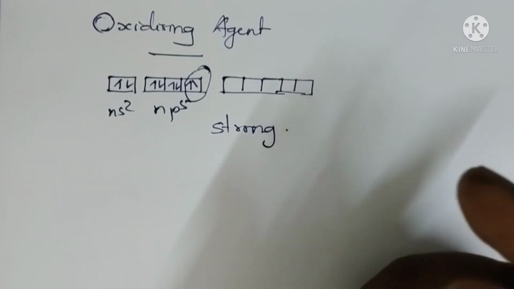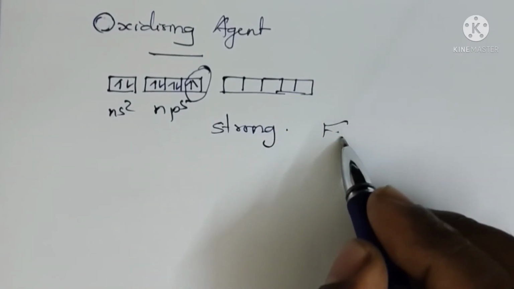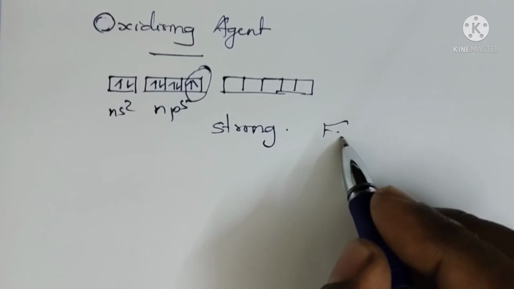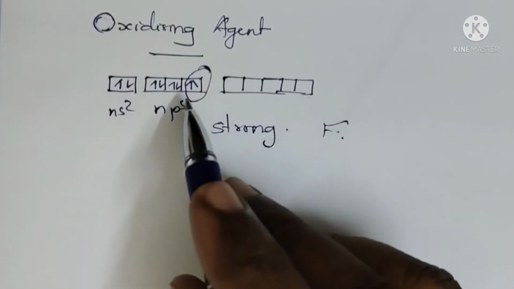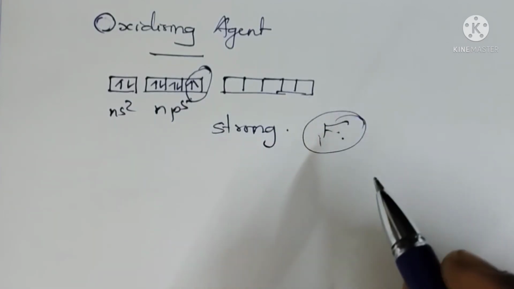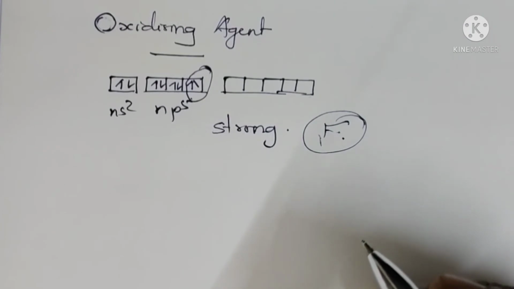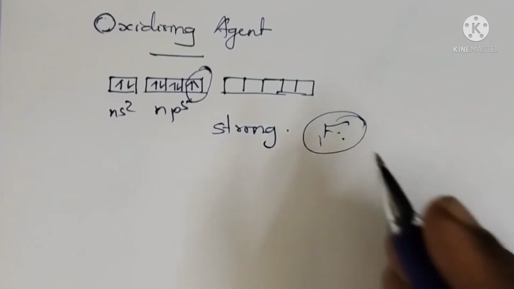We studied fluorine, since it is highly electronegative and the smallest one, it accepts readily an electron. So fluorine is the strongest oxidizing agent among the halogens.